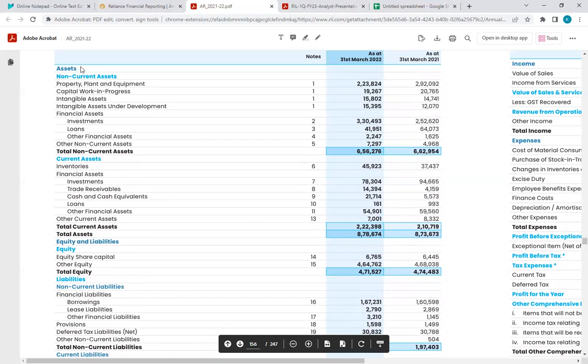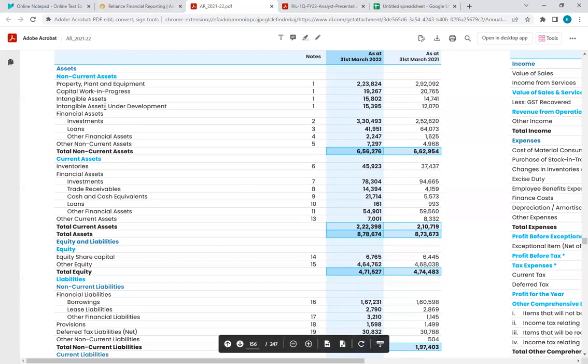Now let me go into the information they are giving in the asset section. In the asset section, you are seeing non-current assets and current assets. These are the main categories provided under the asset section. So what are non-current assets here?